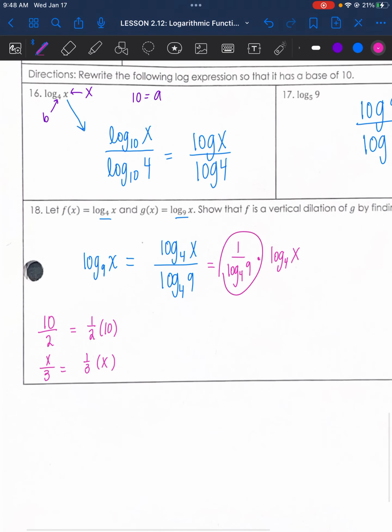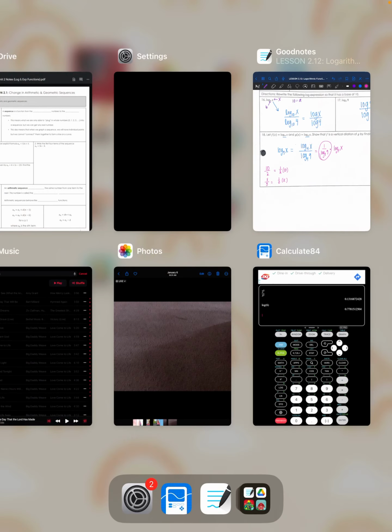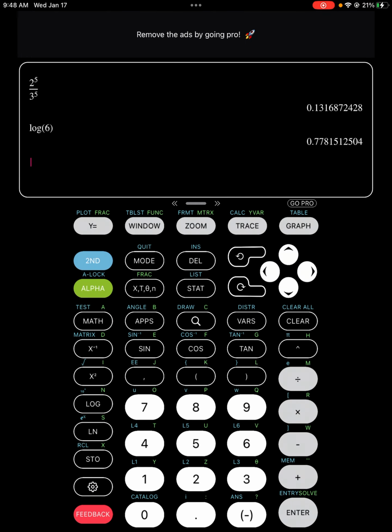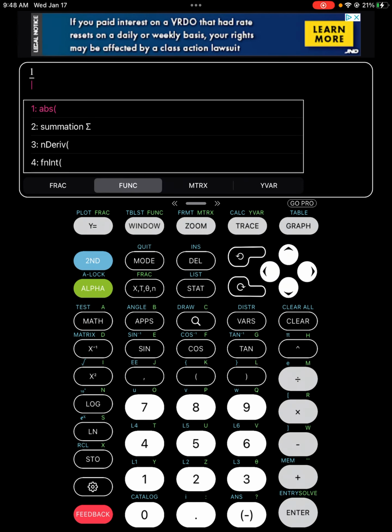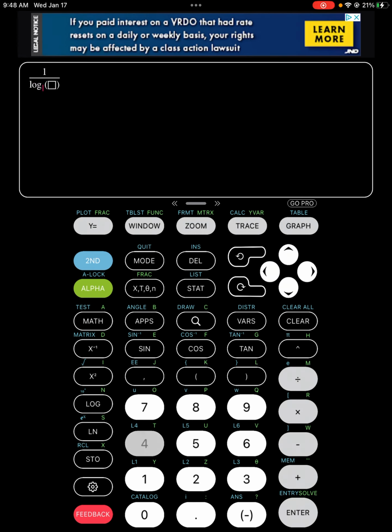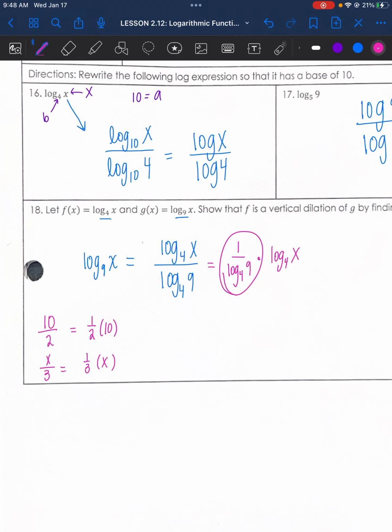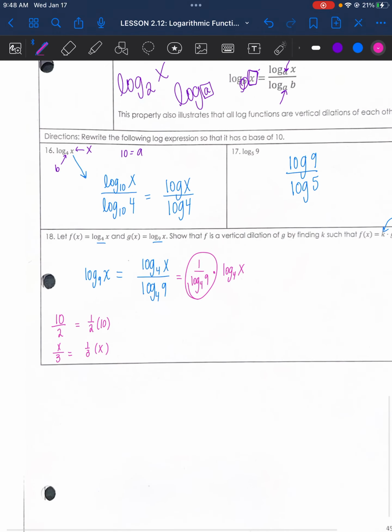This right here is just a number. Let's do it. 1 divided by log base 4 of 9. It's literally a number. So it's taking some number, some decimal, 0.6, times log base 4 of x. So my k, that's k. It doesn't look like that's just a number, but log base 4 of 9 is just a number.